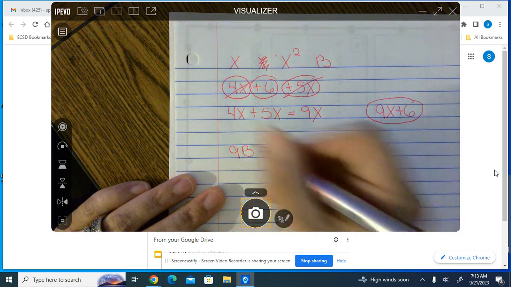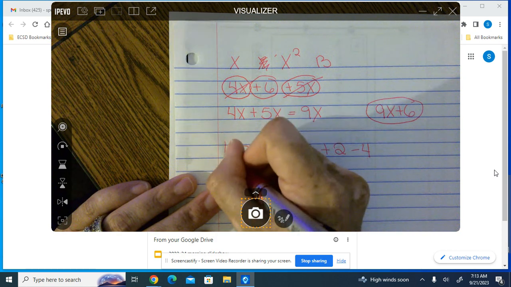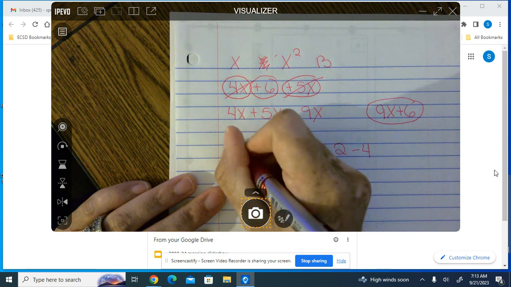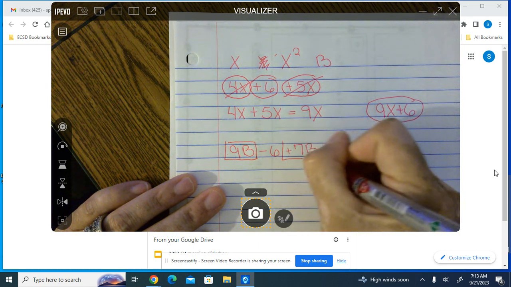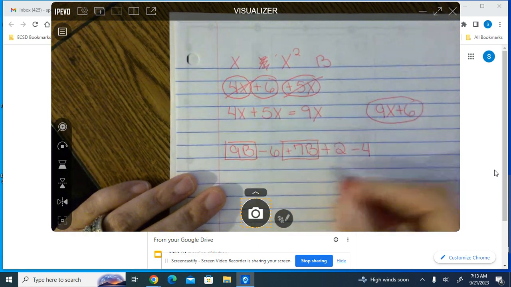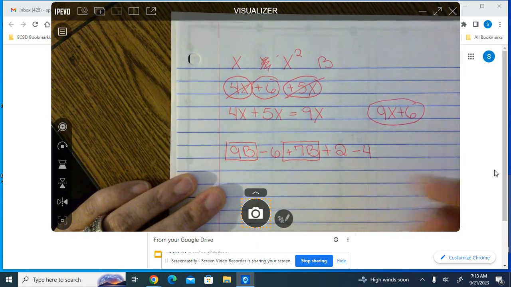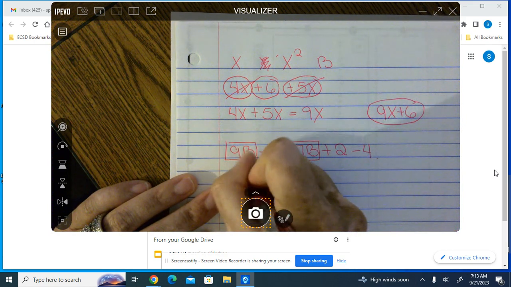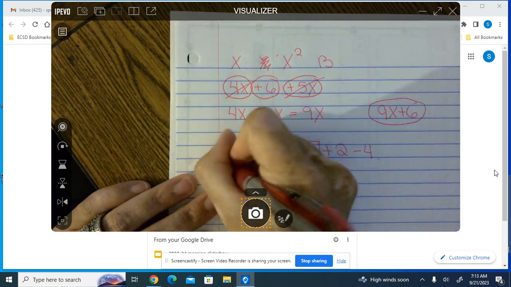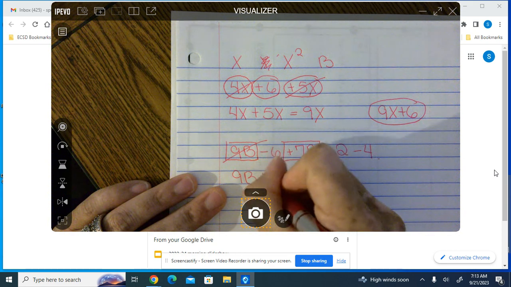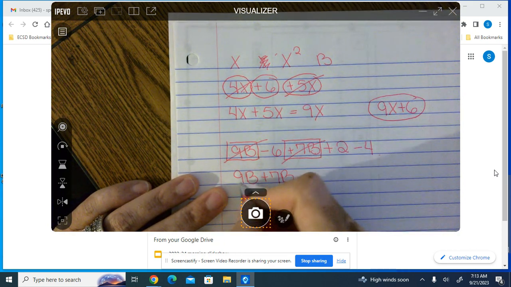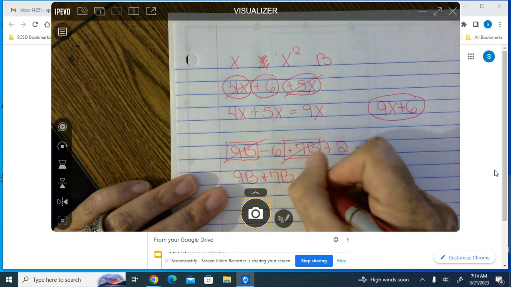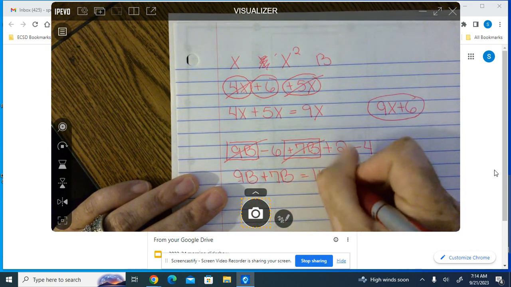Okay, so I'm going to look here and say, hey, I've got a 9b. Remember, I'm grabbing everything in front of it. I've got a positive 7b. Okay, well, I'm done here. So I'm going to come back and rewrite it as 9b, cross, plus 7b. So 9b plus 7b gives me 16b.